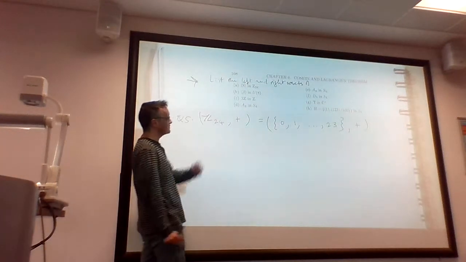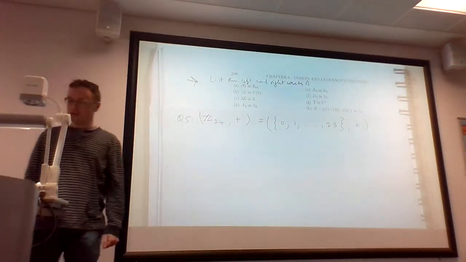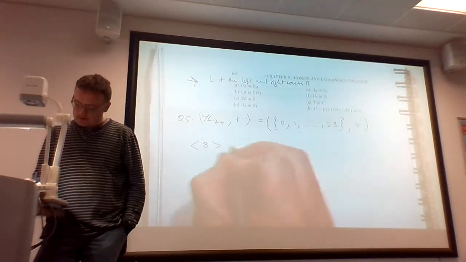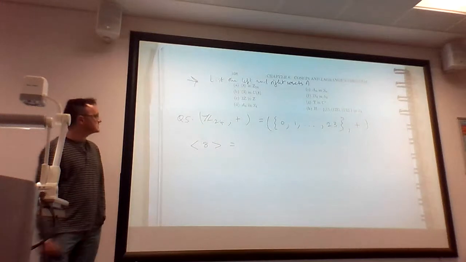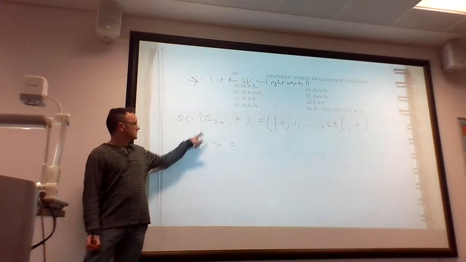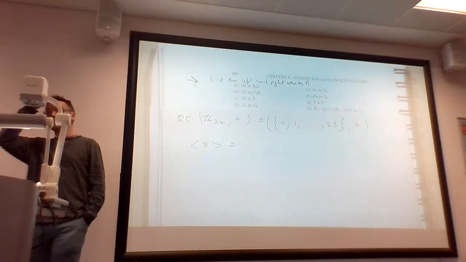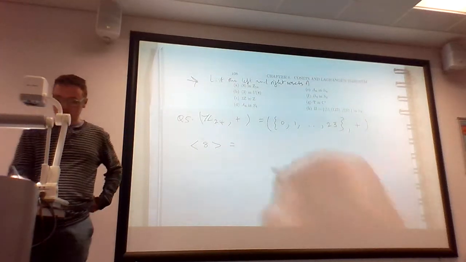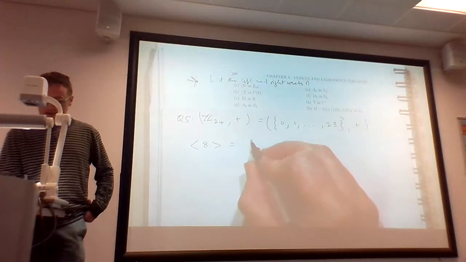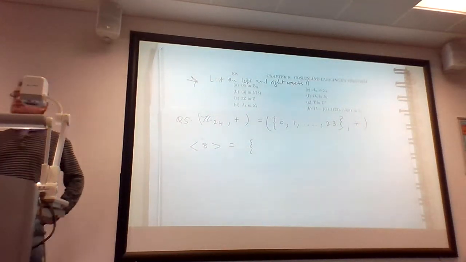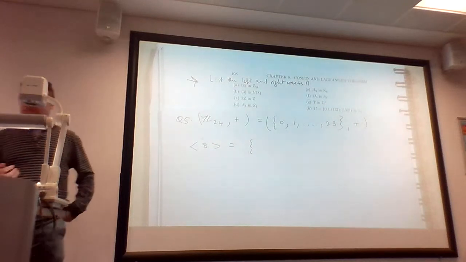So it's the numbers 0 through 23 under addition modulo 24. So what's this object inside here? This is the cyclic subgroup generated by 8, under the operation of addition. So this is all the multiples of 8 that there are.